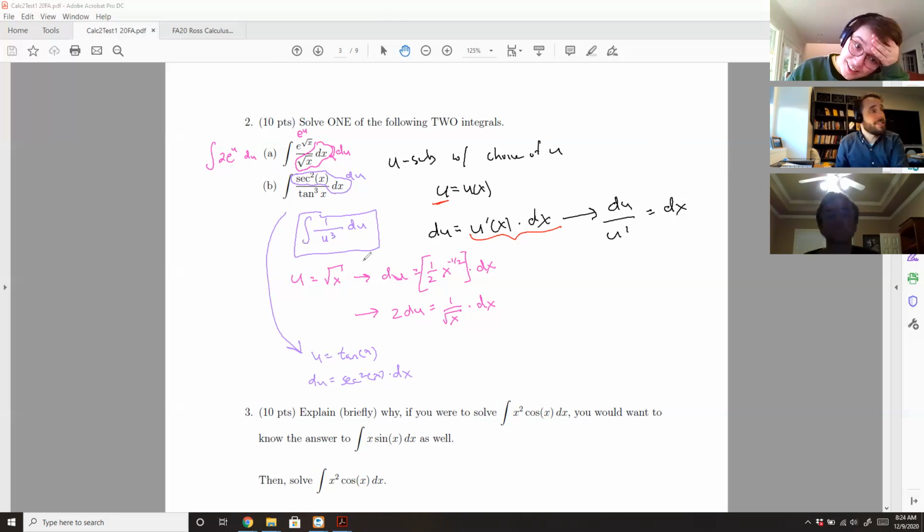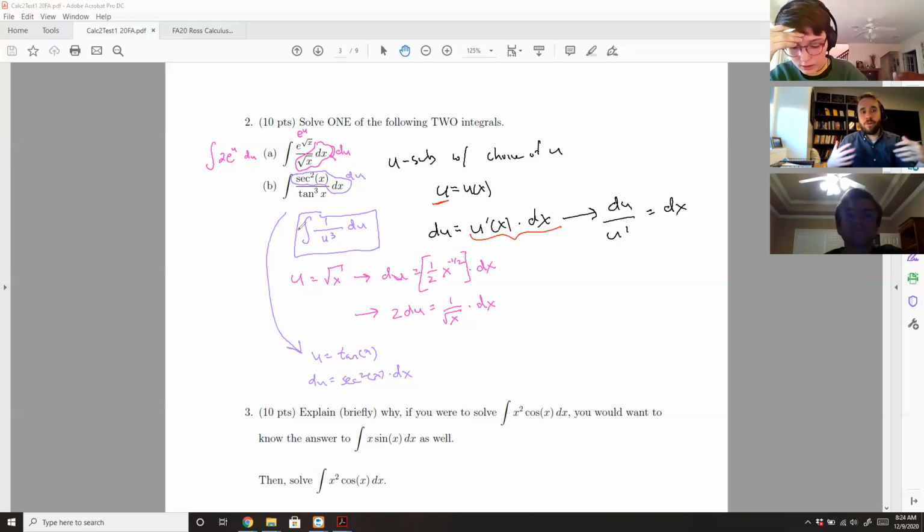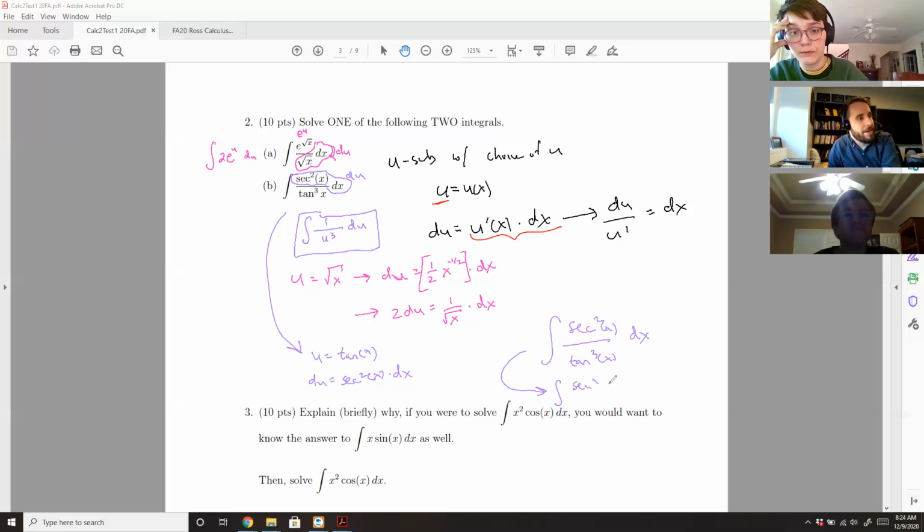I will say one of the observations that I made here, sort of secretly, and I should have been more explicit when I mentioned it, is the integral, the secant squared over tangent cubed. One thing that I've done in my head, but I didn't say out loud, is the secant squared, I just left it up there. But in the denominator, I'm really thinking of the tangent function cubed.